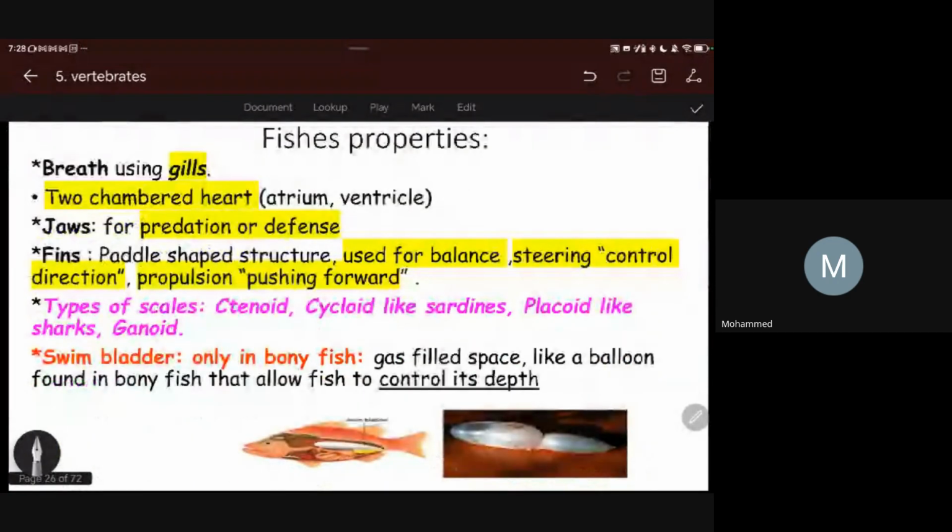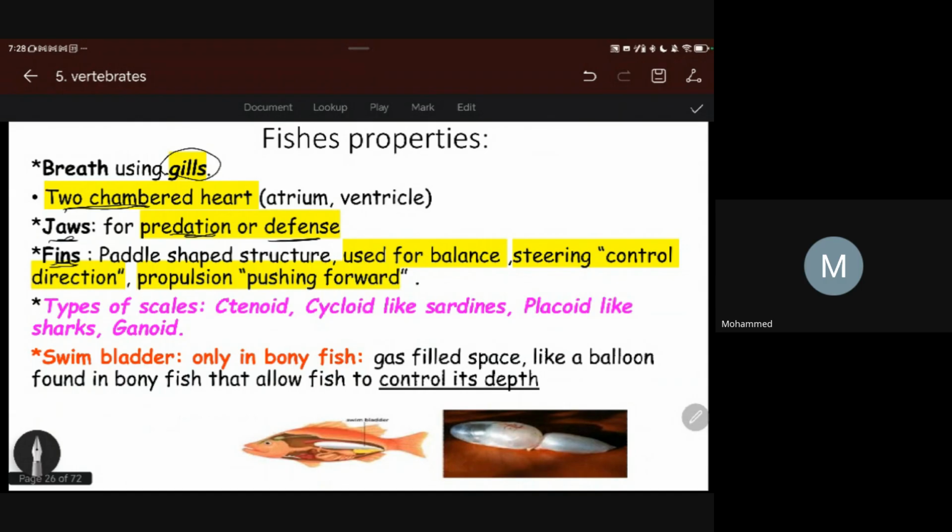Next we have the properties of fish. How do fish breathe? They breathe through gills, and their heart is made up of two chambers, the atrium and a ventricle. They have jaws, which are for either feeding or for defense. And they have fins, and there are a couple of different types of fins that we're going to discuss.